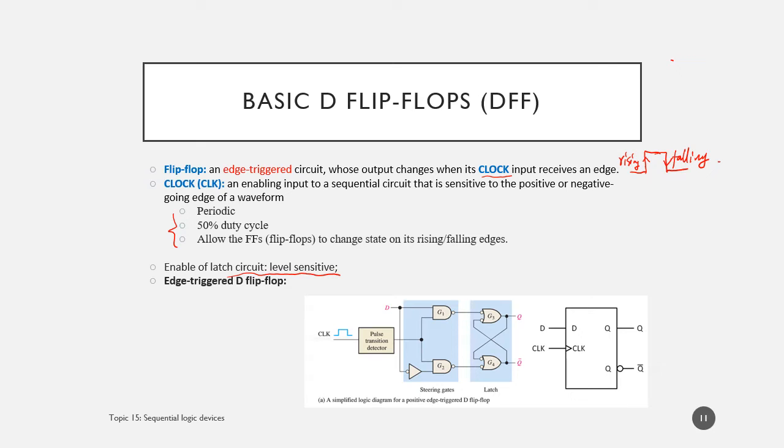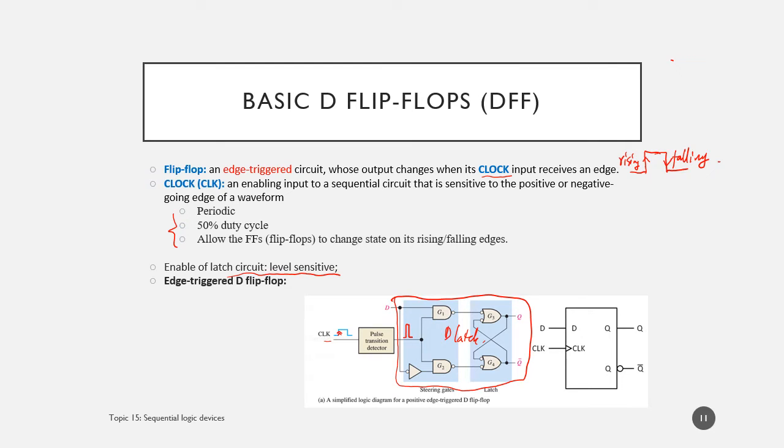We'll talk about this. To give you an example, this is an edge-triggered D flip-flop. If you compare this with the D latch, you will find this part is basically the D latch, but we add a pulse transition detector circuit here. This circuit will detect when the value of the clock signal changes. In this case, we only want to detect the rising edge. So whenever the clock changes from 0 to 1, this circuit will detect that and output a very short pulse, like this.